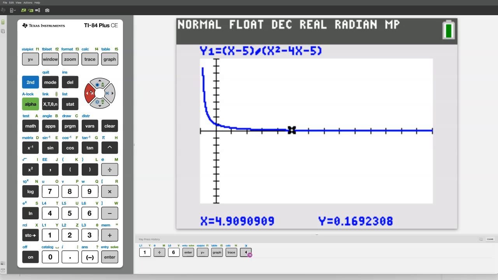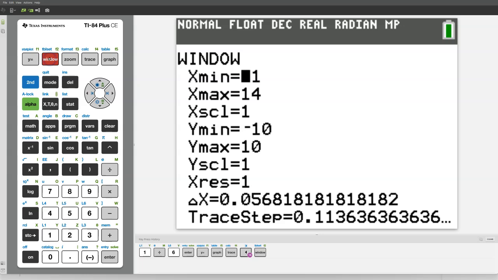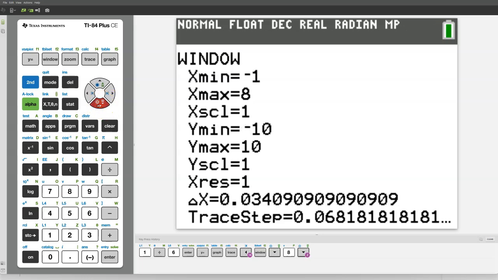And remember, if you want to change your viewing window, you can press this button that says window here. Our x max is at 14 right now, which is, I think, a little high because we're approaching 5. So maybe I'll change my maximum x value to 8. And then my y min, I will maybe change that to -1. And then my y max, maybe I'll change that to 5.